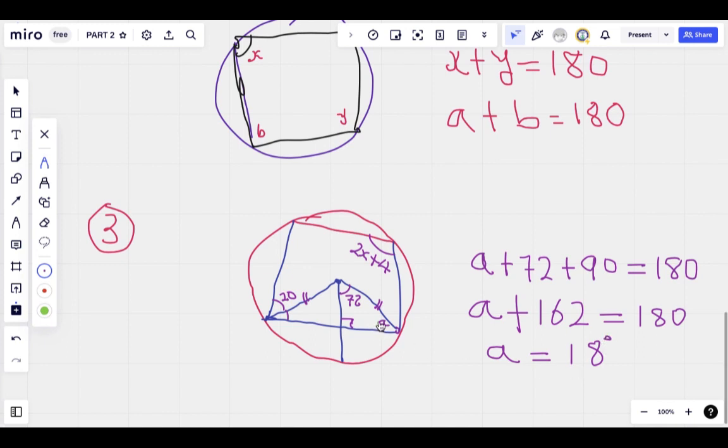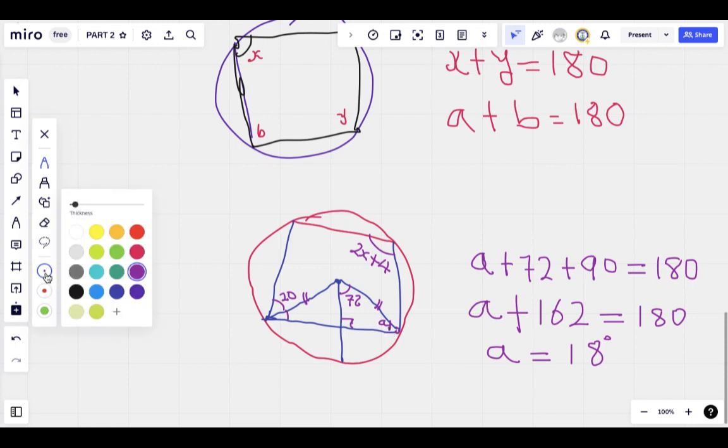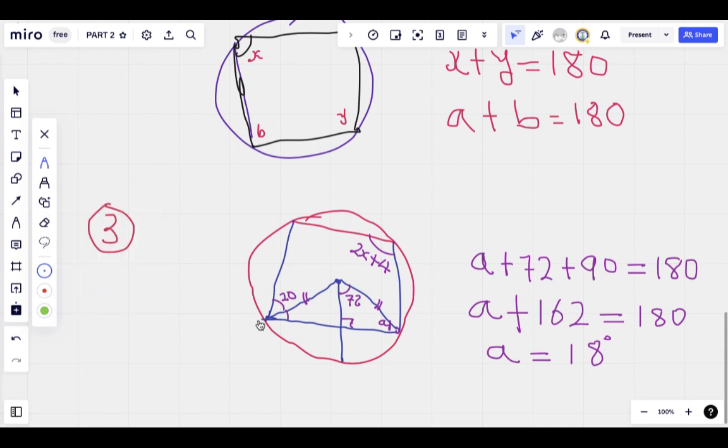Now this 80 degrees from here is the same as here. Let's use a different color to symbolize that. It's the same as this place. So here, it means here is 18 degrees as well. Why? Because base angles are the same. If the radii are the same, then the base angles will be the same. If here is 18, this angle is 80, angle A, then this place is 18.